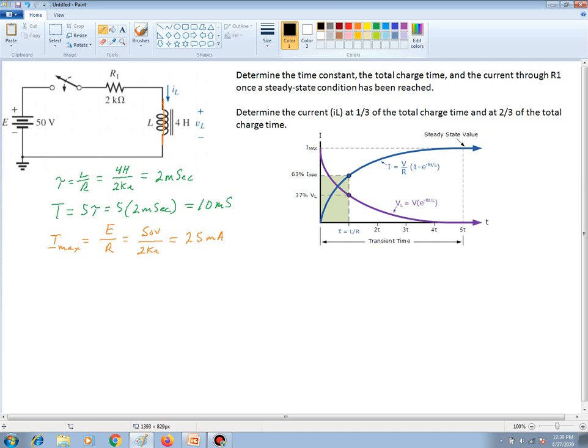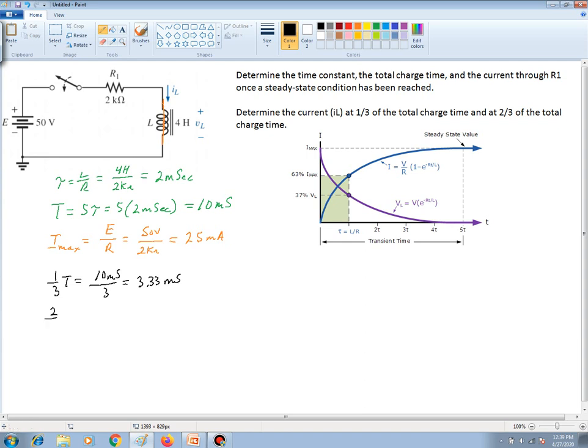To determine the current I sub L at 1/3 of the total charge time and at 2/3 of the total charge time, we need to figure out what 1/3 of the total charge time is to begin with. Total charge time is 10 milliseconds. So 1/3 of T is equal to 10 milliseconds divided by 3, which is equal to 3.33 milliseconds.